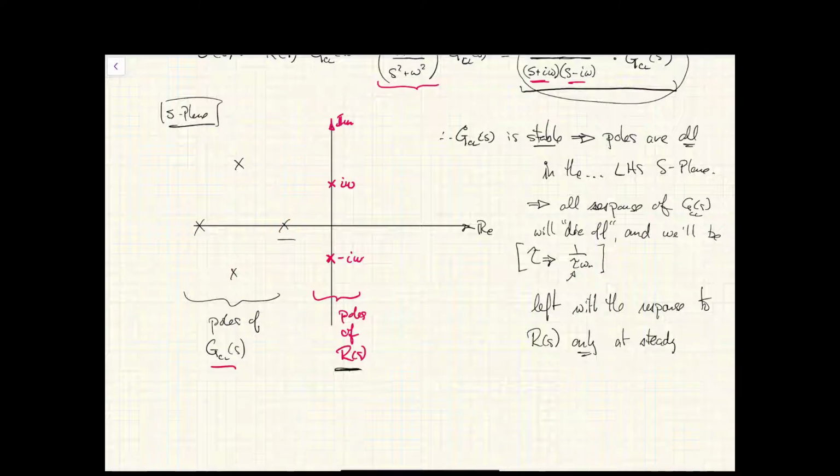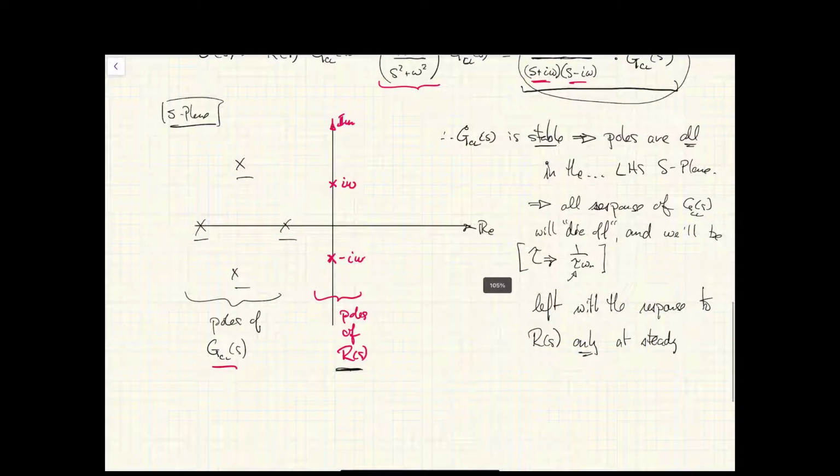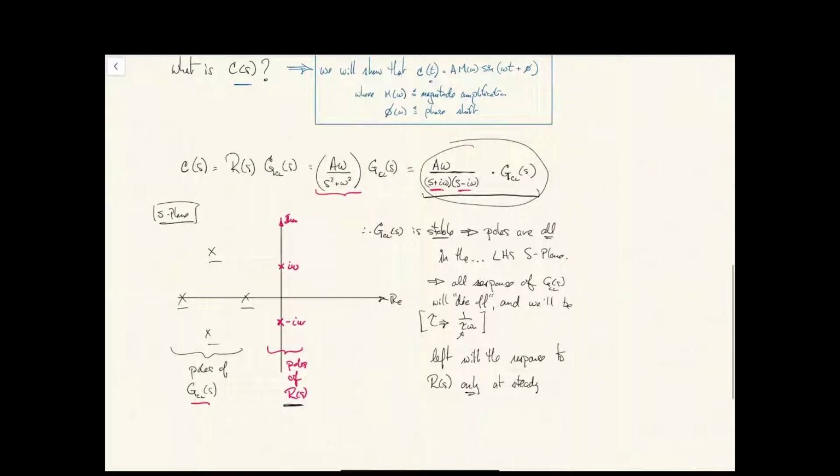If I wait long enough for all these guys' effect to die off and to basically become steady with the magnitude of my input, then the only thing that changes with respect to time, or can change with respect to time, are going to be the poles that I have that are right on the imaginary axis.